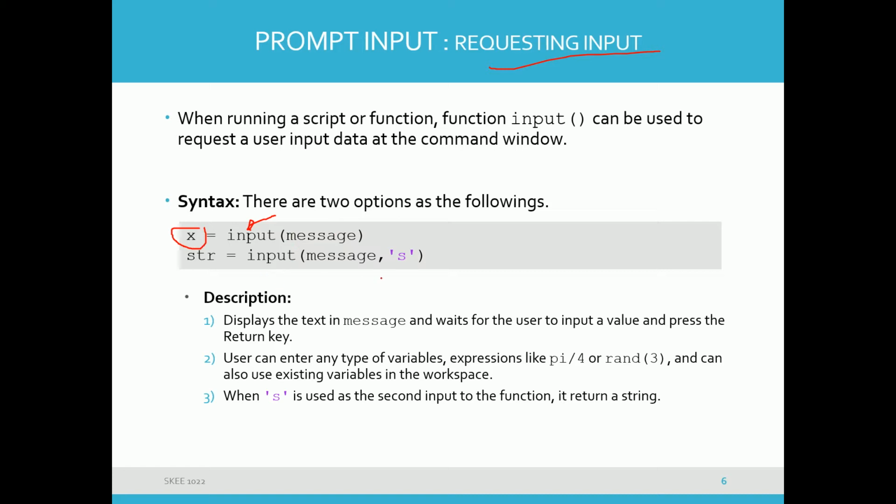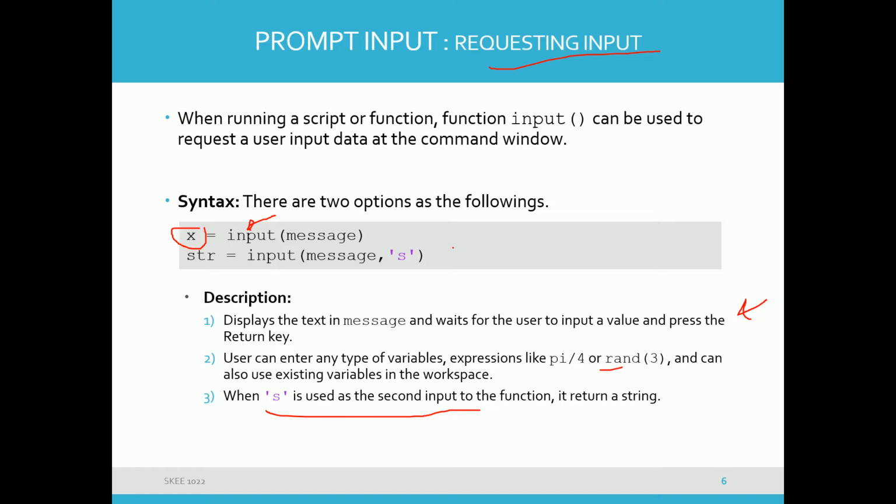This one can also be used, but I suggest you just use this one. It displays the text in the message and waits for the user to input and press the return key, which is basically enter. You can enter any type of variable, and the s option is used for string input to the function.